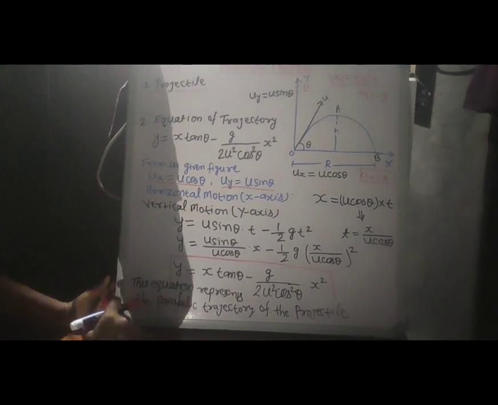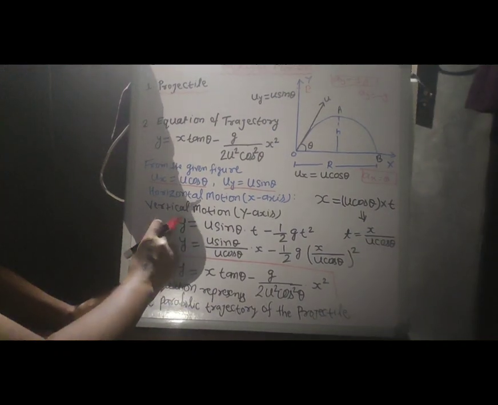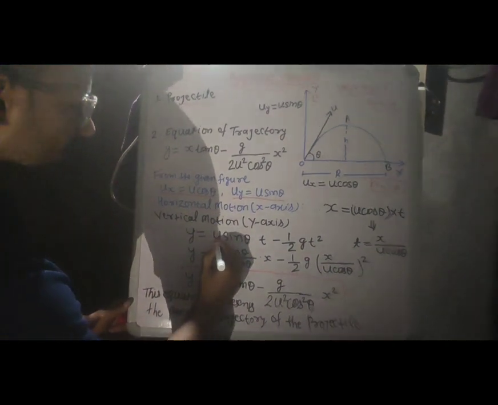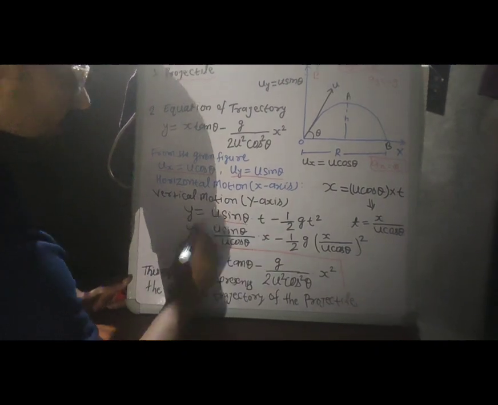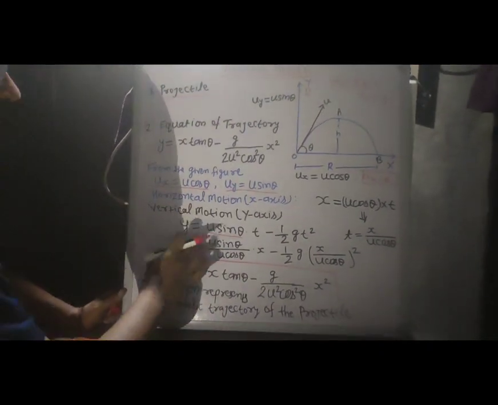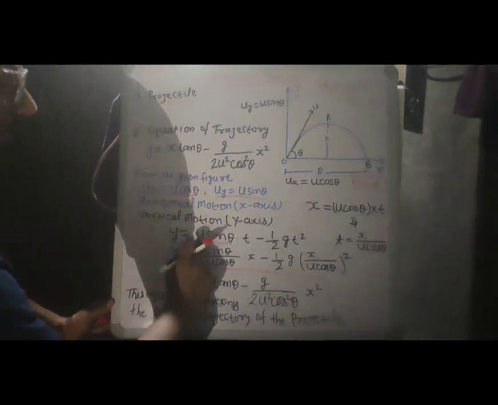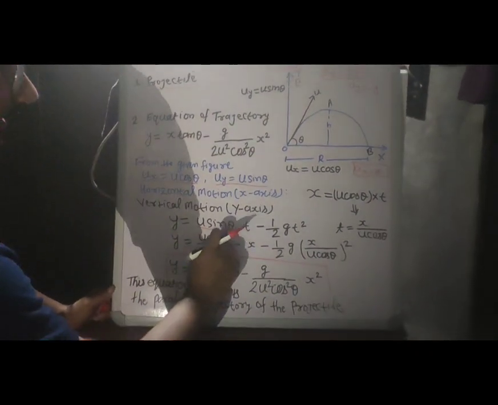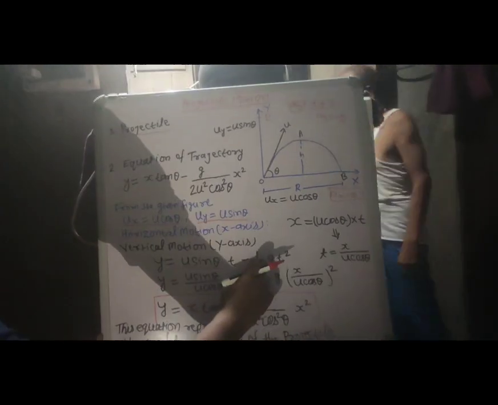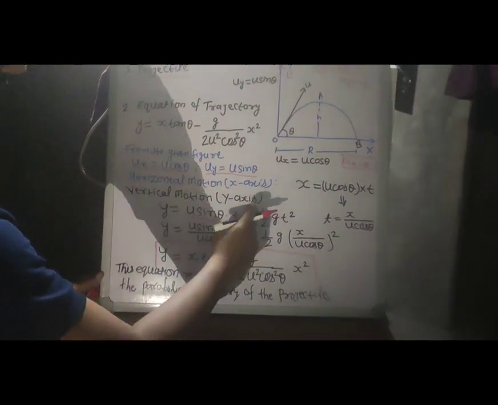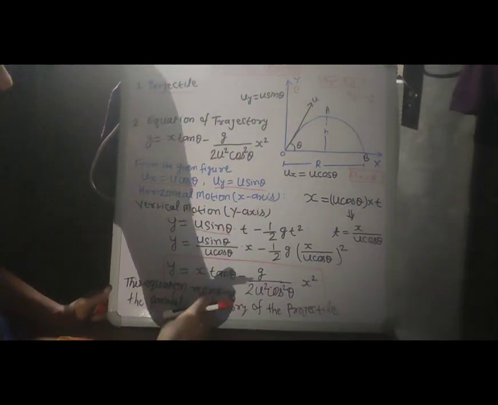We know from the equation of motion that y equals uy t, where uy is the velocity of the object along the y axis. So I have written u sin theta into t minus half g t square, taking g as minus g.